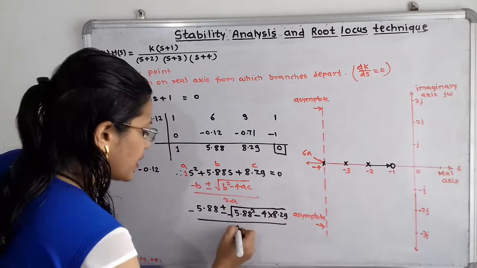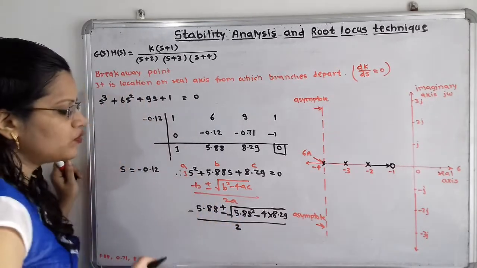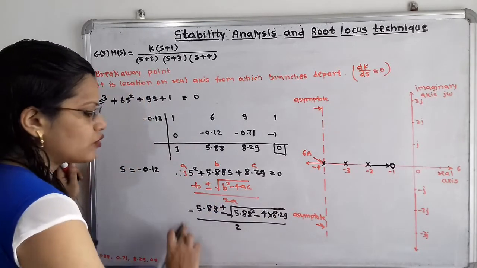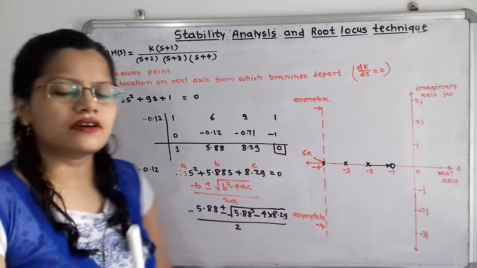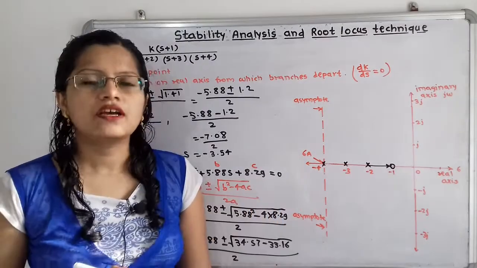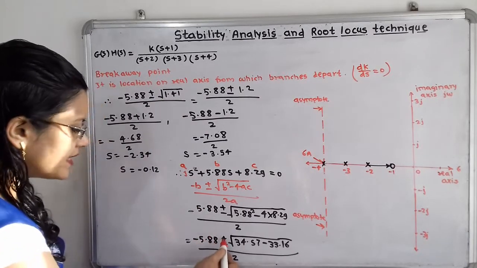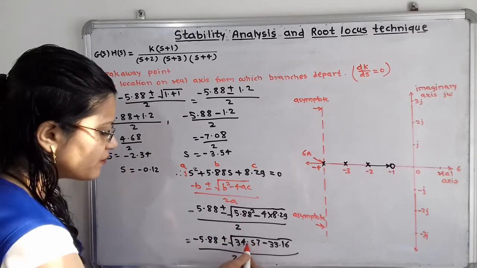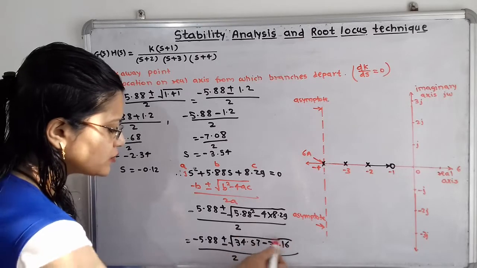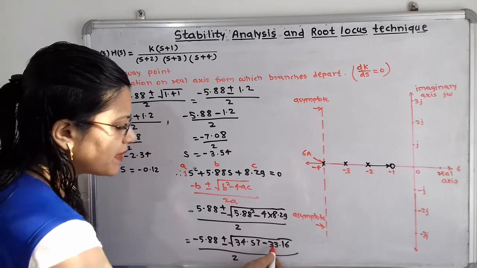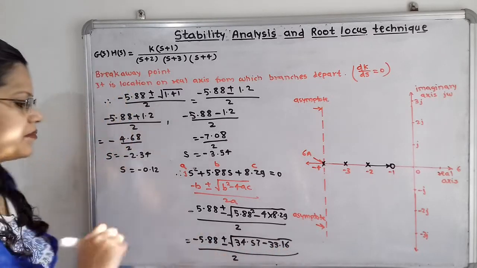So we have to take only 2 because a is equal to 1. Now we have to solve this and then we will get the other two roots. The next step is the solution, that is minus 5.88 plus minus the square root of 34.57 minus 33.16, divided by 2.